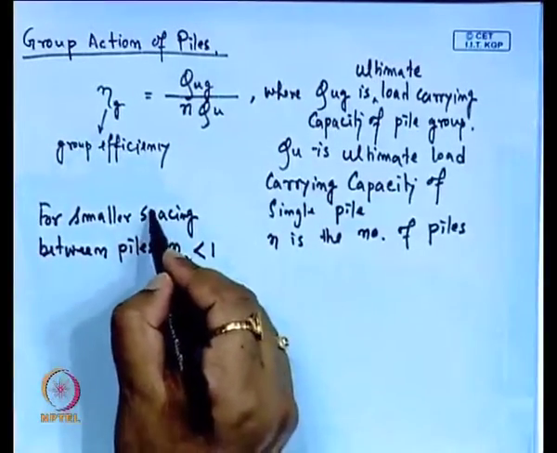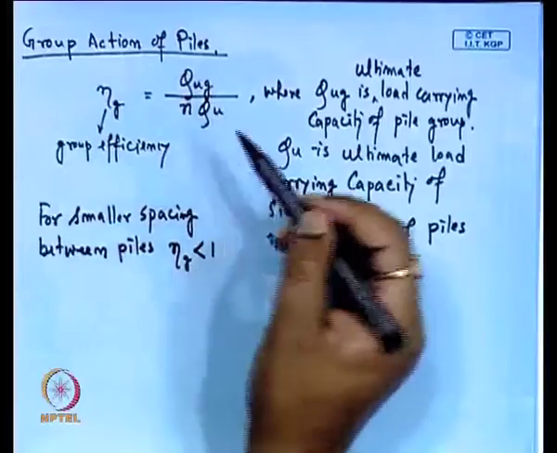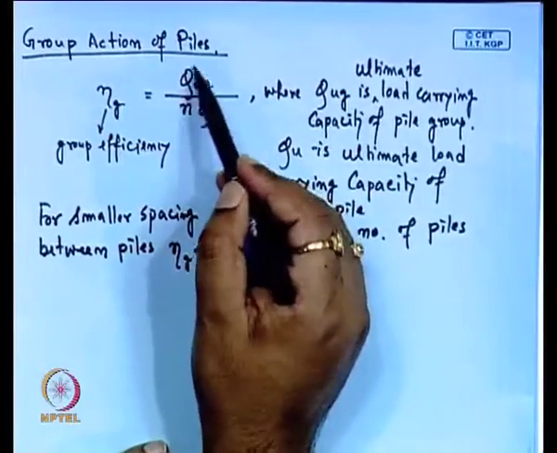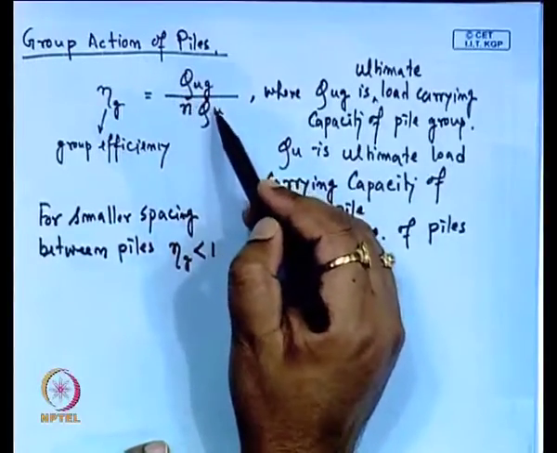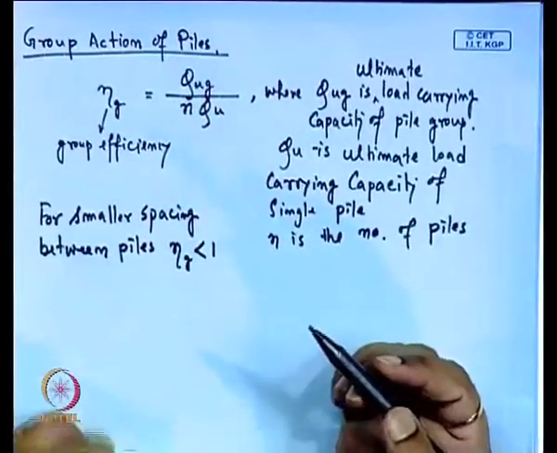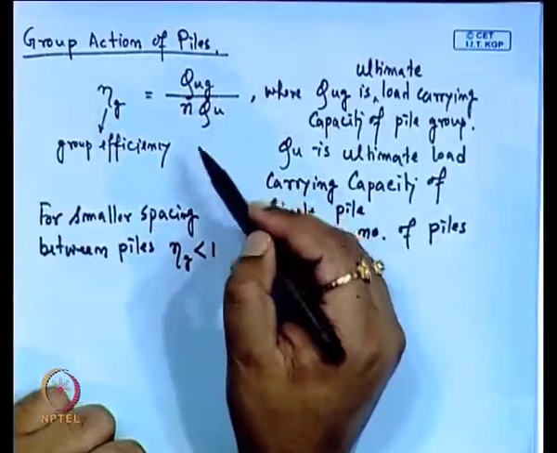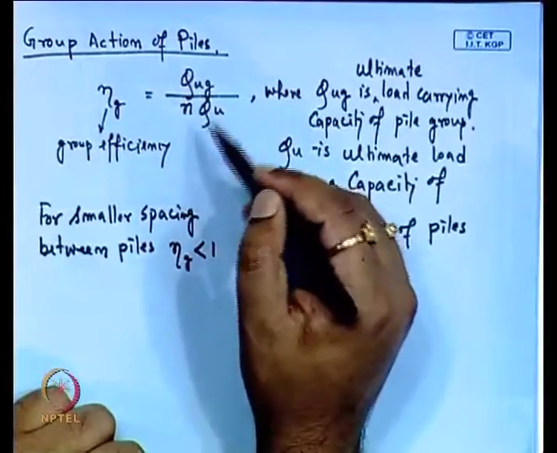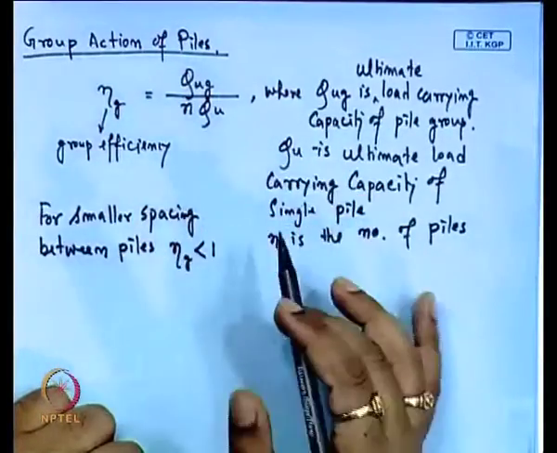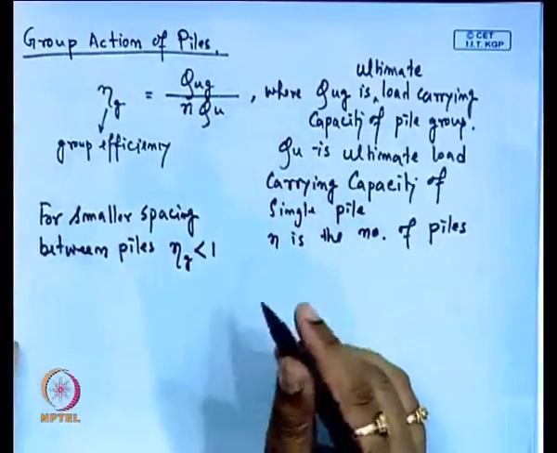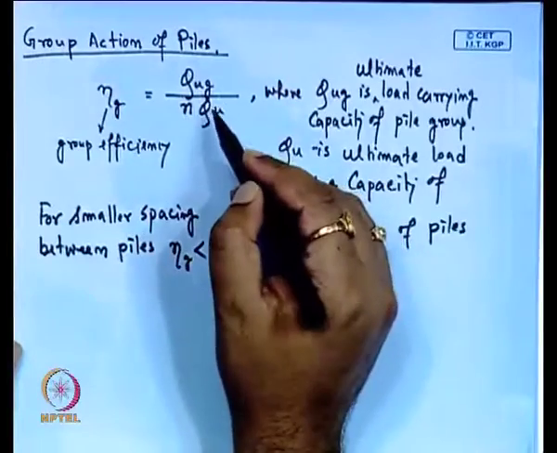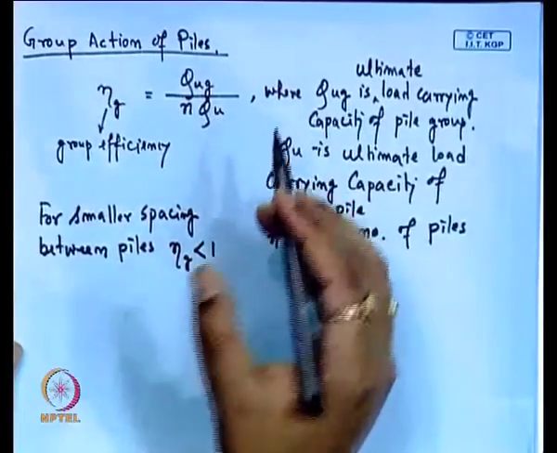That indicates that in a group, failure can occur as an individual pile failure, or as a group or block type of failure, considering all the piles as a whole.